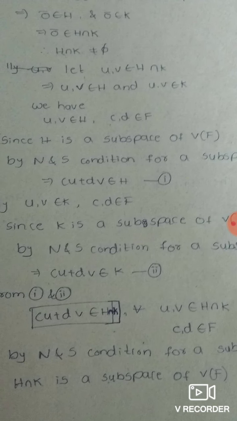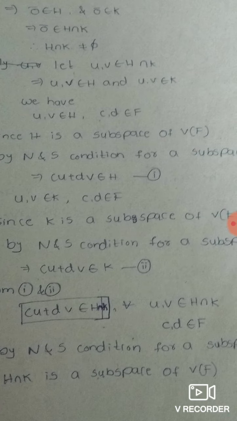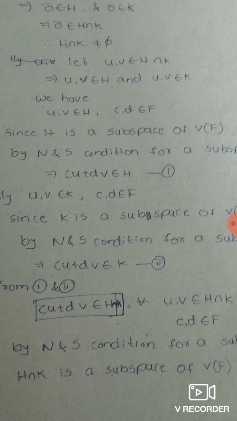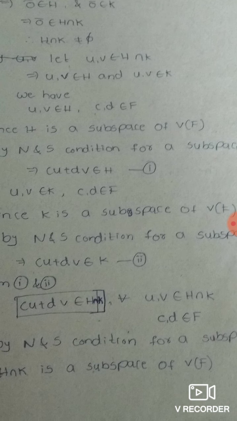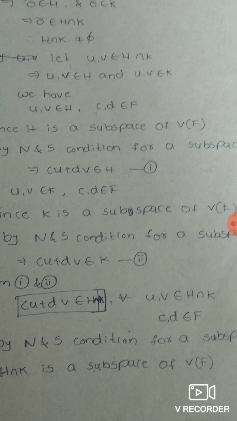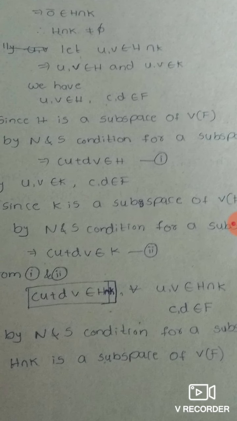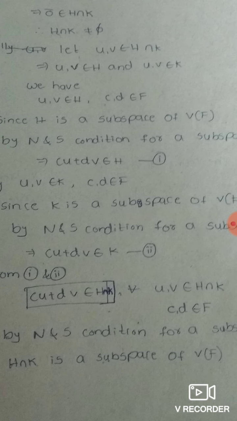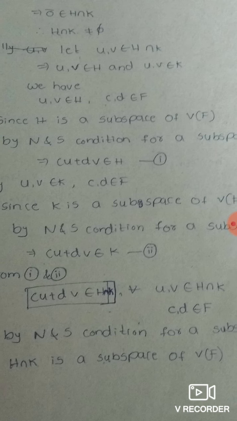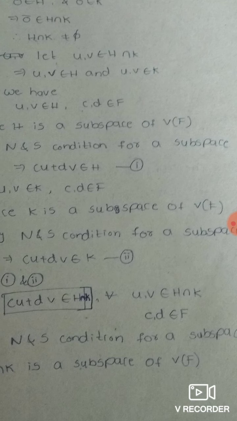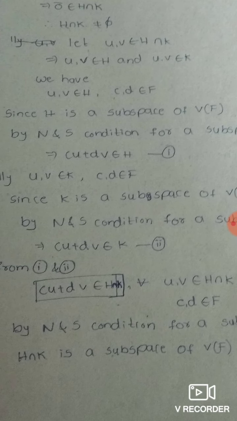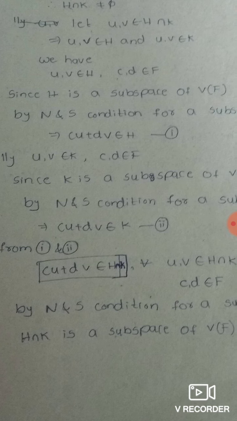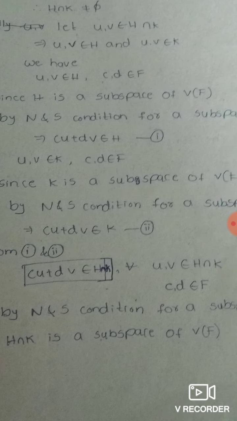From 1 and 2, cu + dv belongs to H intersection K, for all u, v belonging to H intersection K and c, d belonging to F. From 1 and 2: the first is cu + dv belongs to H, and the second is cu + dv belongs to K. So cu + dv is a term in H and in K. Then cu + dv belongs to H intersection K. By the necessary and sufficient condition for a subspace, H intersection K is a subspace of V(F).